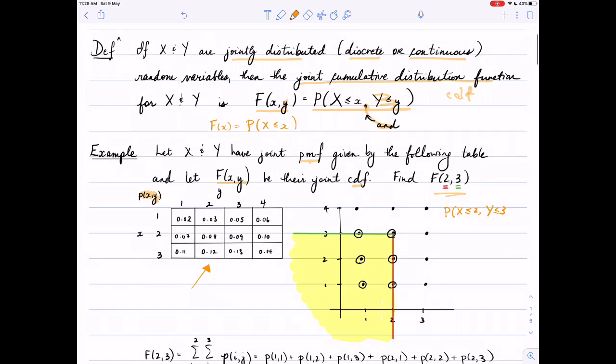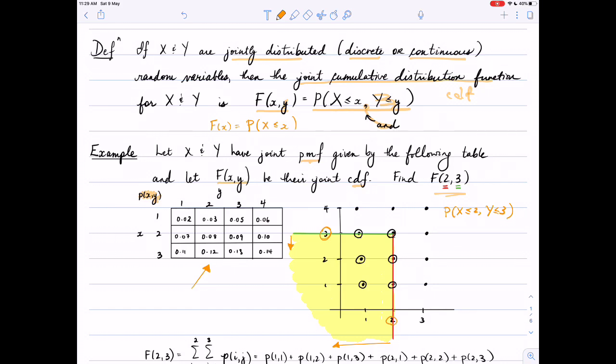If we are talking here about points in the xy plane, then X less than or equal to 2 are points that are to the left of x equals 2. And if we're talking about points where Y is less than or equal to 3, then we're talking about points that are below y equals 3, the green line.